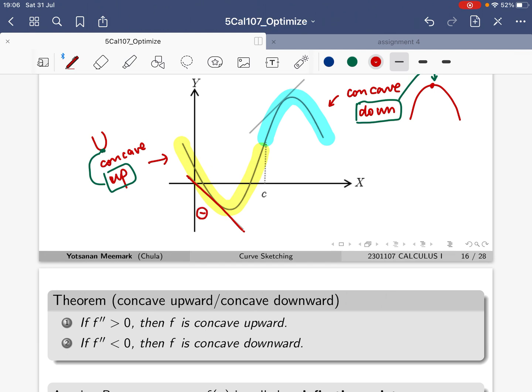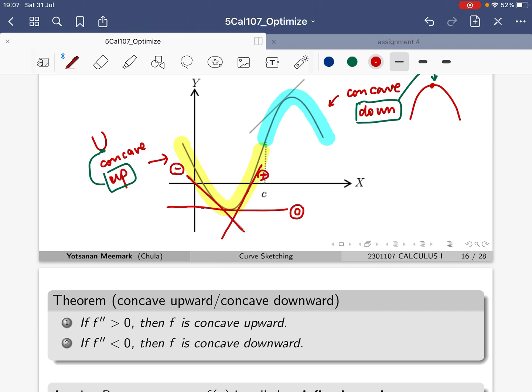But if you look at this one, the tangent line becomes horizontal, so the slope is 0. Then when you look at this one, still in the interval where the concavity is upward, the slope is positive.